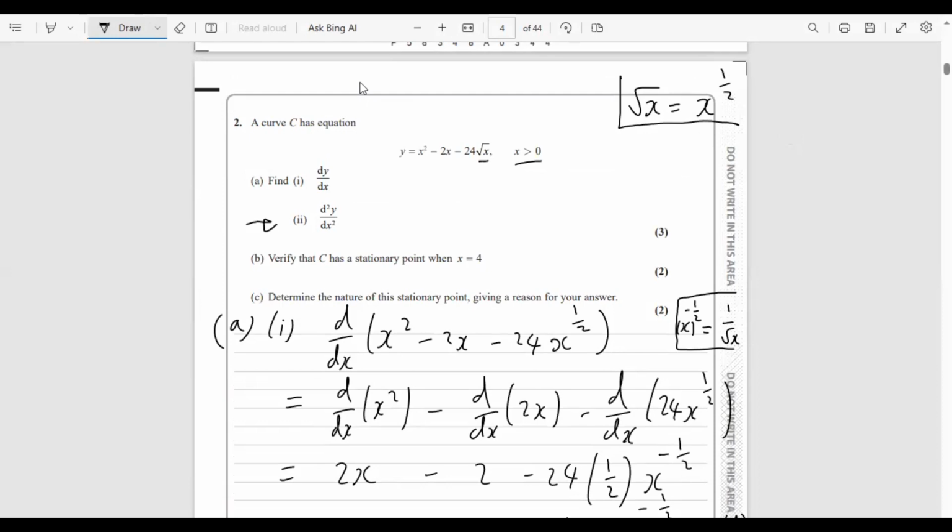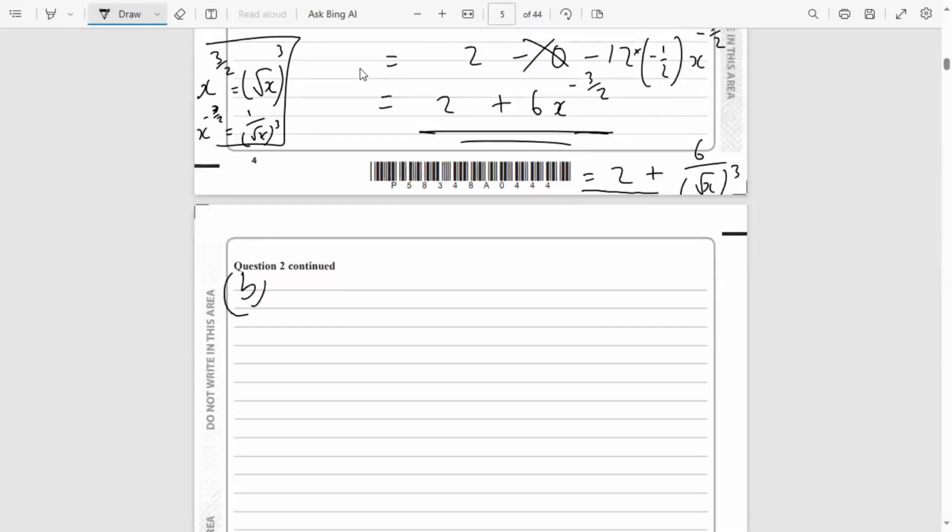Okay, so first of all, if we're going to answer this question, we need to know what a stationary point is. So let's just make a note of this so we don't forget. A stationary point is a coordinate, and I'm going to call it (a, b).